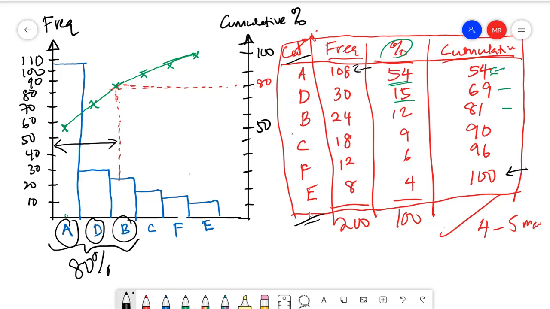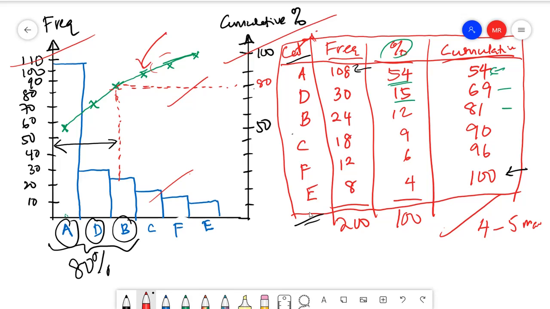For this graph, for marking purposes, you need to make sure that your cumulative percentage is correct, the frequency scale is correct, the labels are correct, and you construct the bars and also the cumulative line.